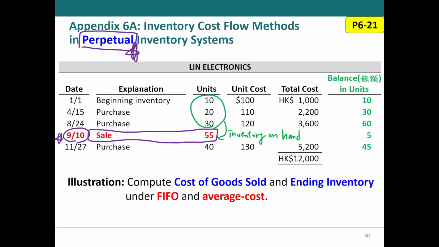So based on this, how to do FIFO, the first assumption? First in, first out, right? Any questions? No problem? But FIFO actually is quite easy, simple. It's totally the same as periodic 定期盘存制.